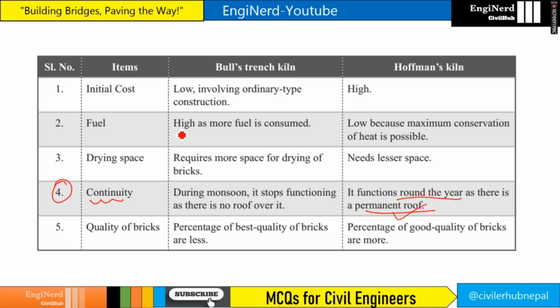But in case of Bull's Trench kiln, during monsoon it stops functioning as there is no roof over it. So if you need any trick, remember hoof and roof. They rhyme, hoof and roof. The spelling is not correct, but you can relate to this, right?